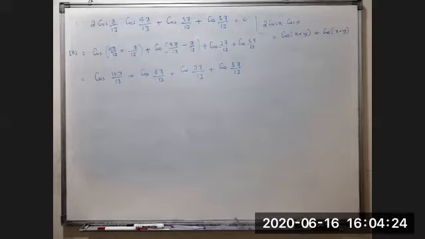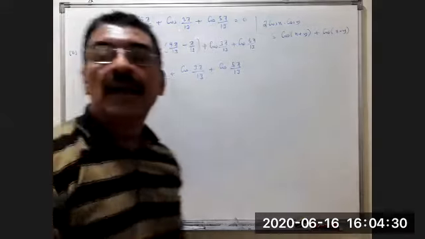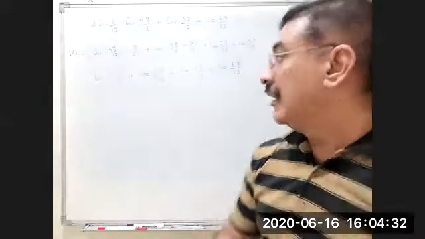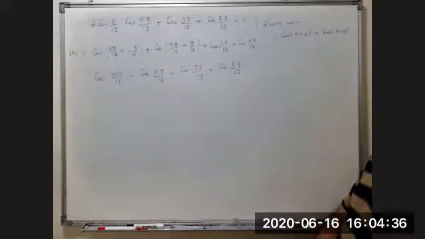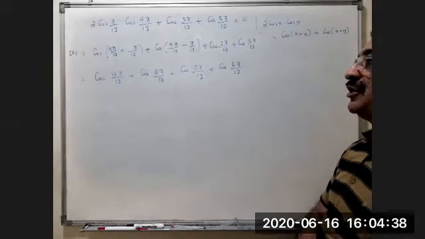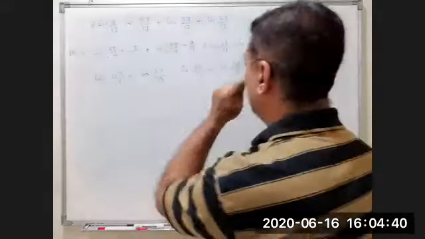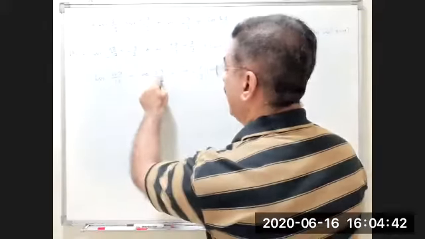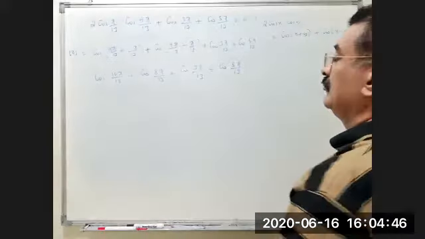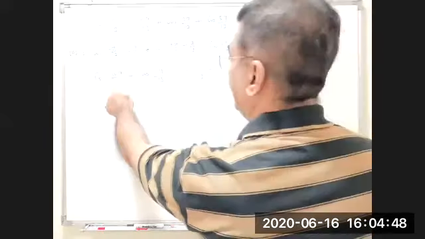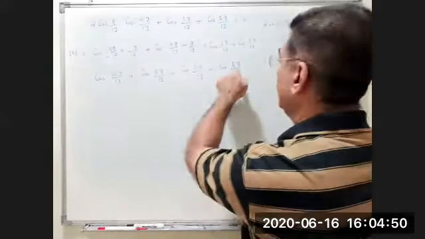Now what? Now we can combine terms. How can we combine them? Which two terms? By observing it: 10 plus 3 is 13, 8 plus 5 is 13.